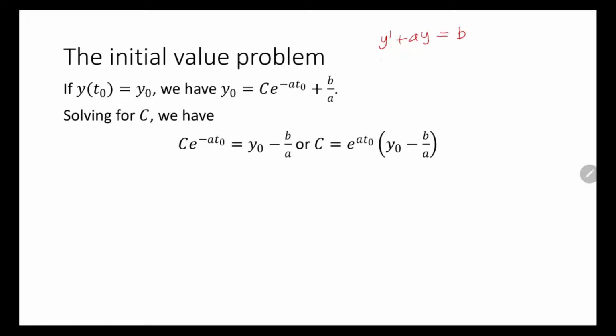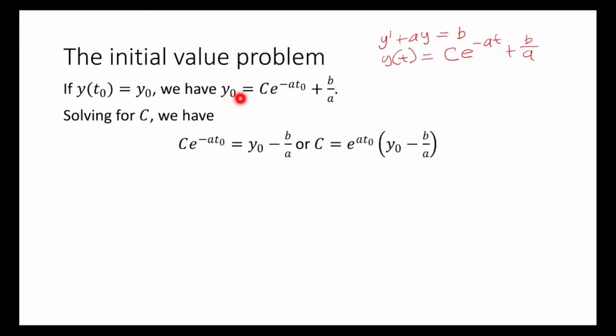Then the solution will be y(t) equal to the homogeneous solution, which is c e to the power of minus at, plus the particular solution, which is equal to the steady state value, b over a, right? And then of course, if we have an initial value, say y at t0 is equal to y0, then we have y(t0) is equal to y0.